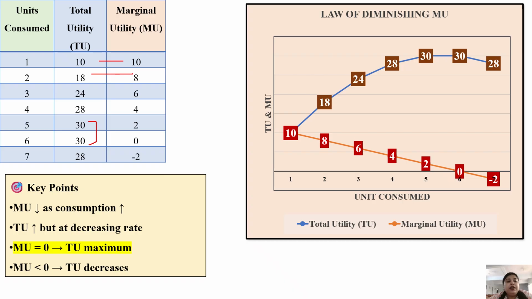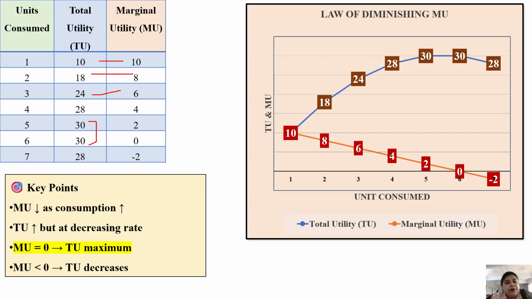Now the third unit gives 24 units of satisfaction and MU is 6. We have seen that the total utility is increasing up to the 5th unit, but at the 6th unit it may be fixed or saturated, and after that it may decline.